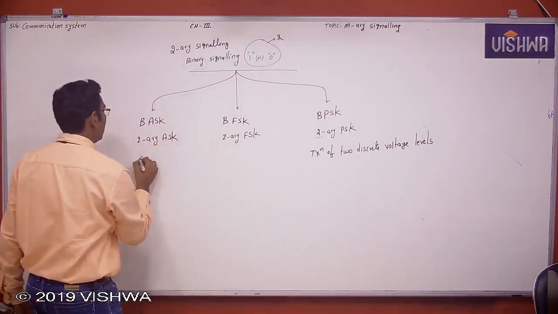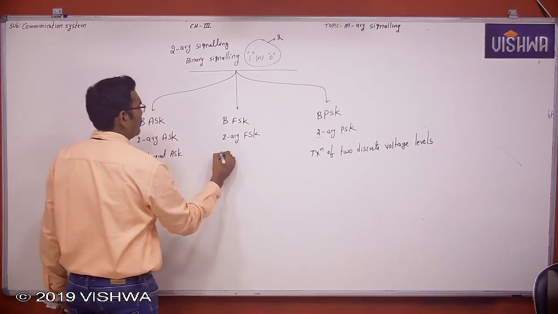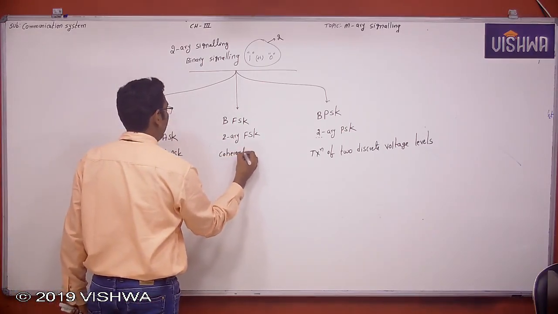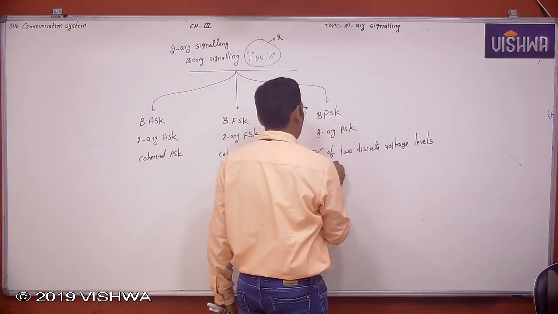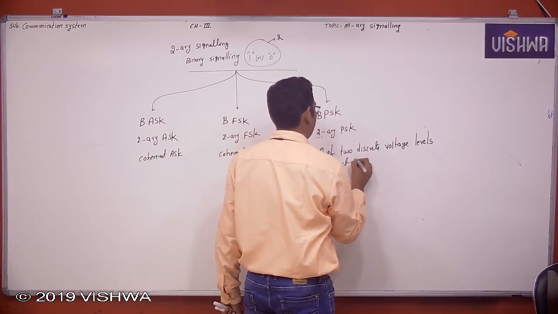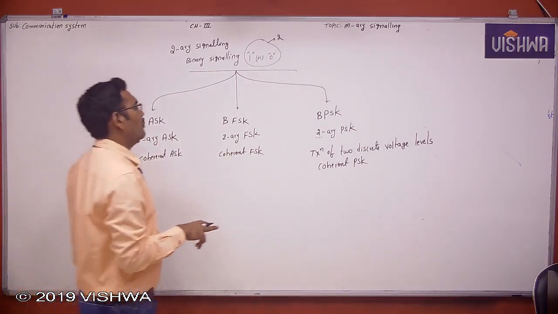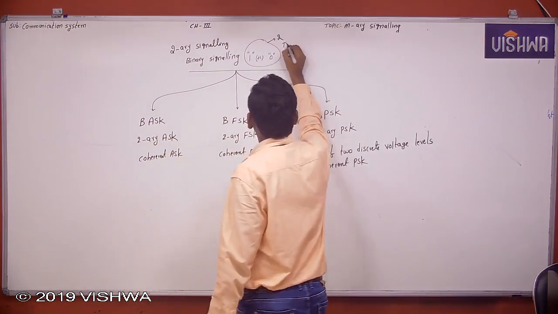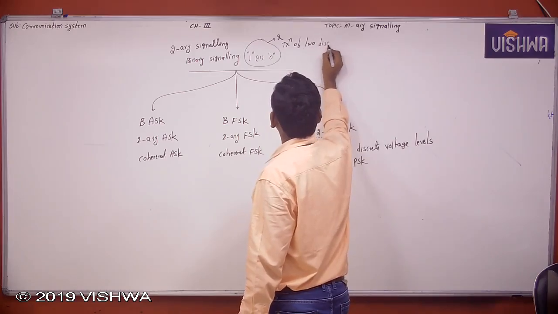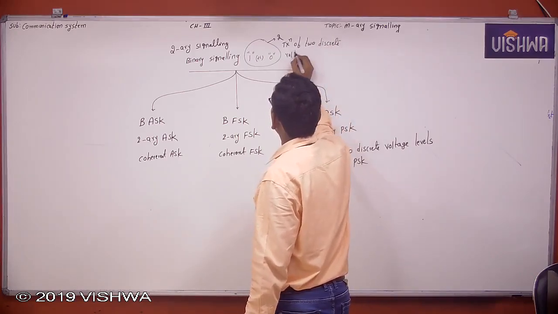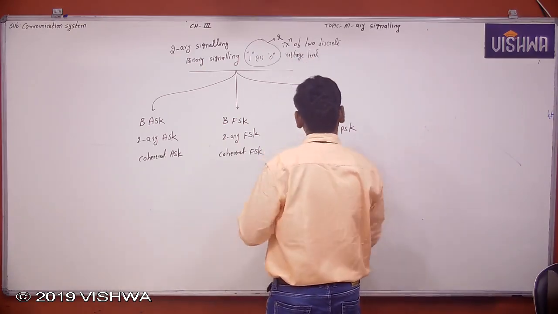There are other names. This is also called coherent ASK, or coherent FSK, or coherent PSK. Okay, these are the names for this, because it is the transmission of 2 discrete voltage levels, binary 1 and binary 0, into a digital communication system.